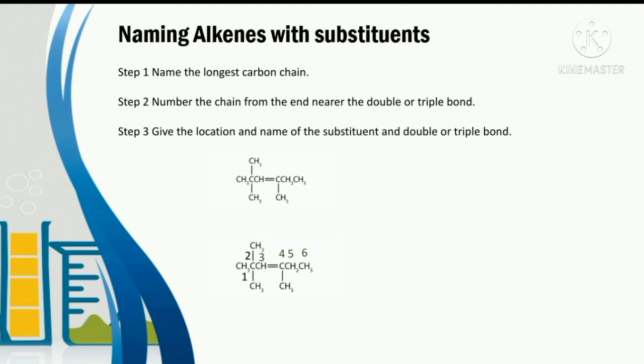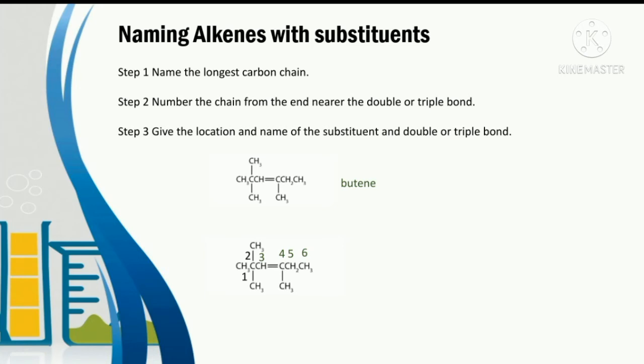Step 1. Begin with determining the longest carbon chain containing the double bond. The longest chain contains 4 carbons, so the name is butene. Step 2. We will start numbering at the left going to right because it is where the double bond is located. Step 3. Give the location of the double bond.